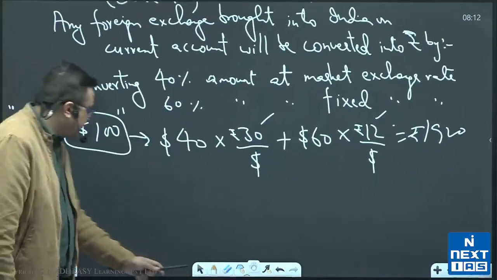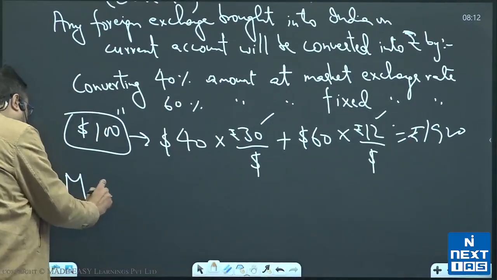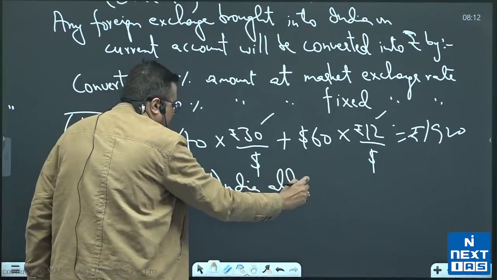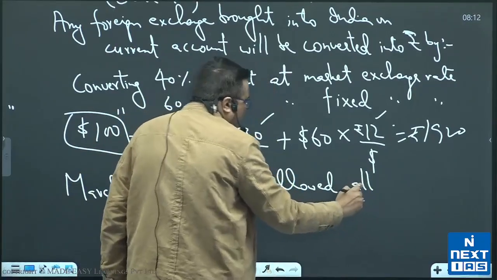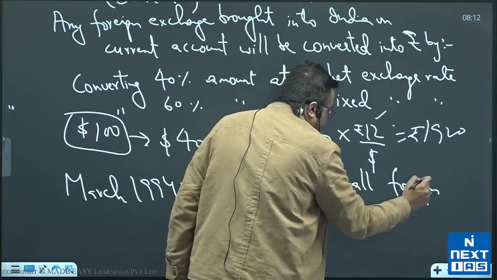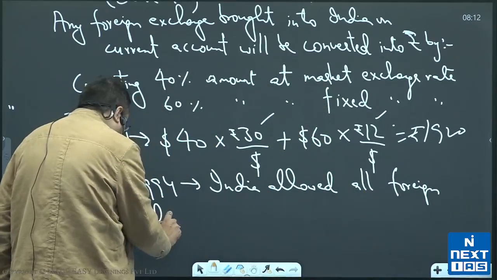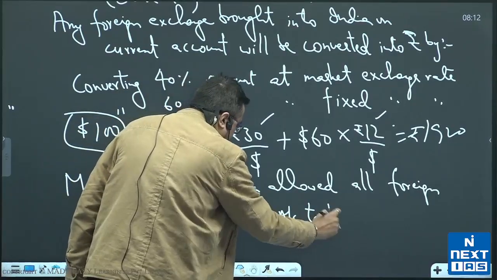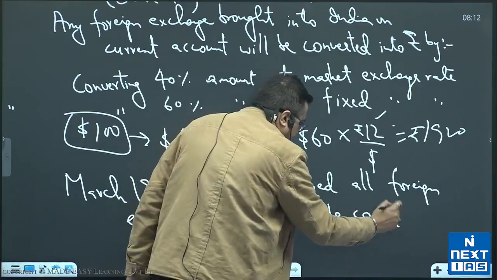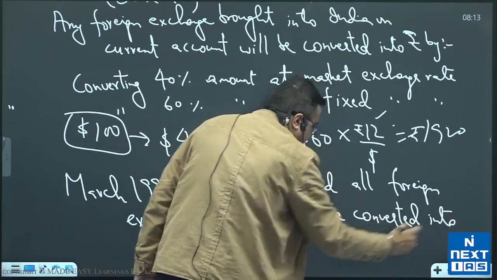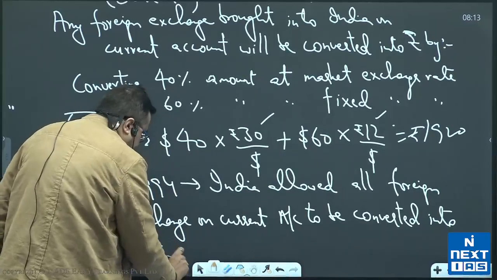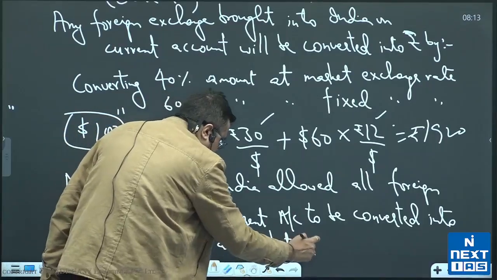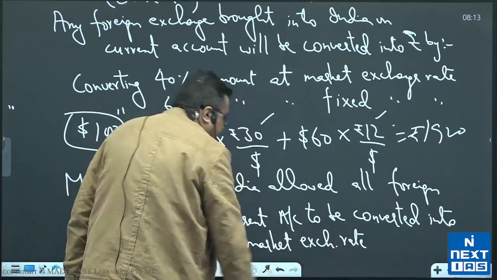So by March 1994, India allowed all foreign exchange on current account to be converted into rupee terms at market exchange rate.